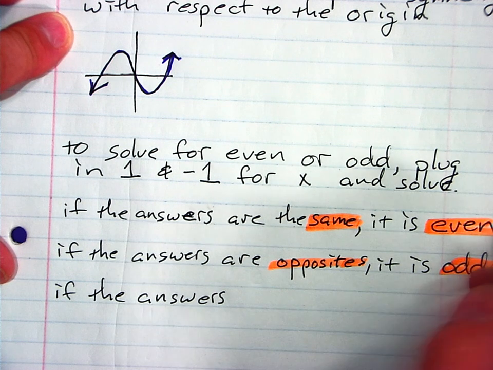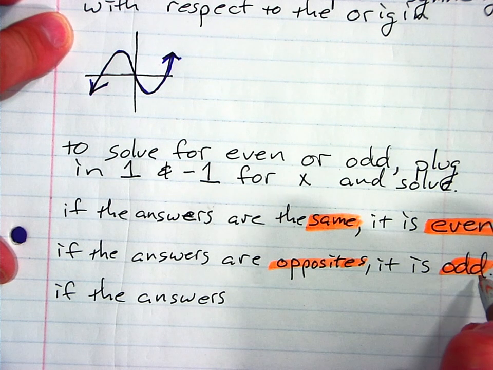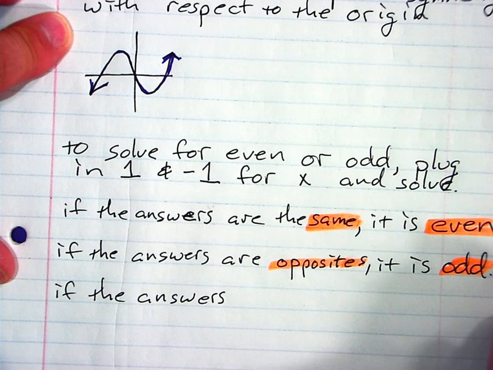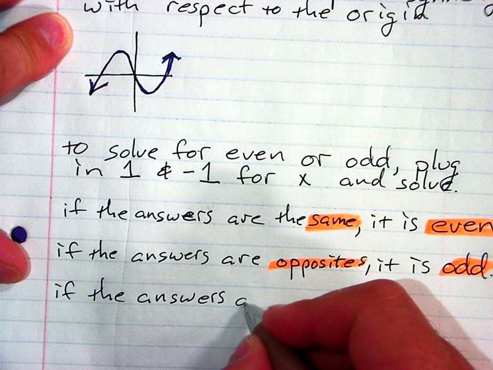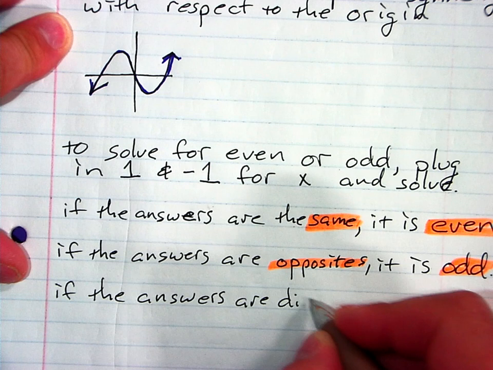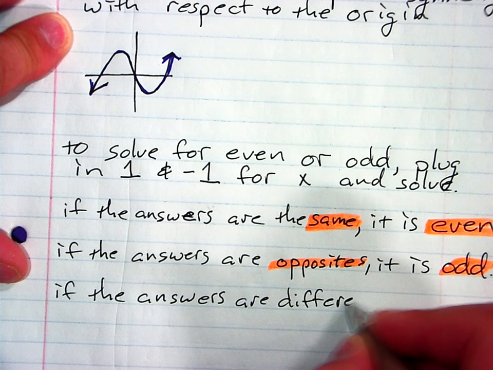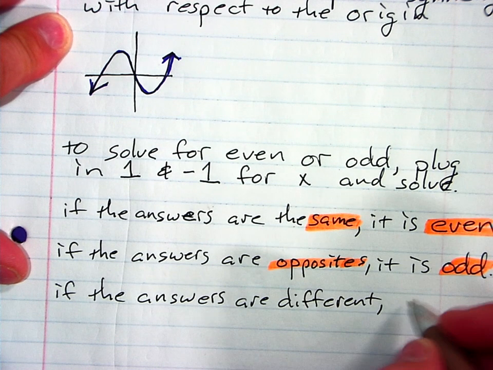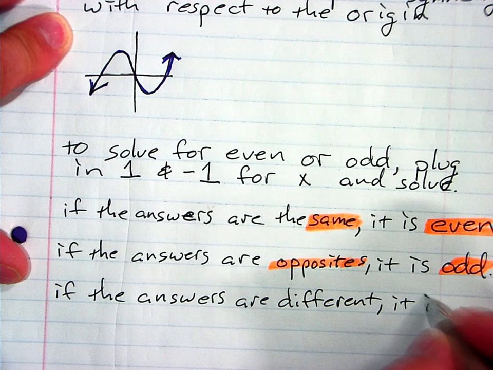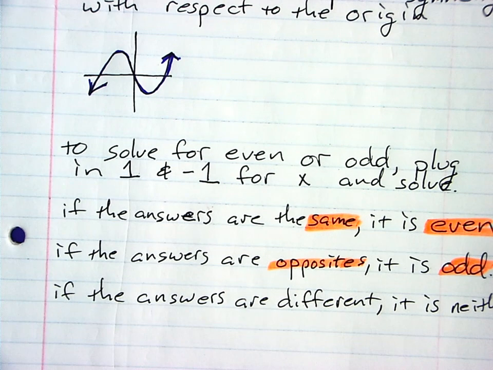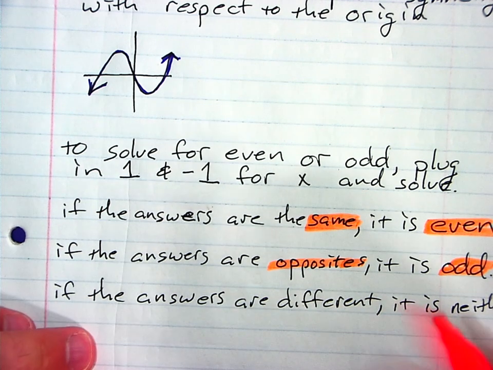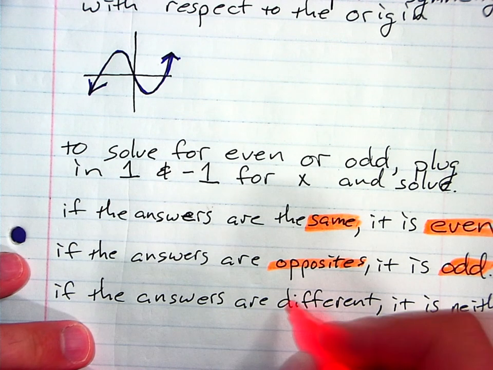Then it is not odd, and not even. It is neither. If the answers are different, it is neither. I think we need an example on that. This sounds confusing.